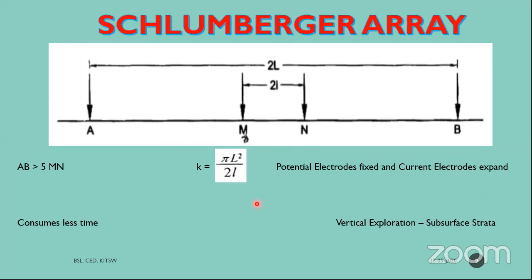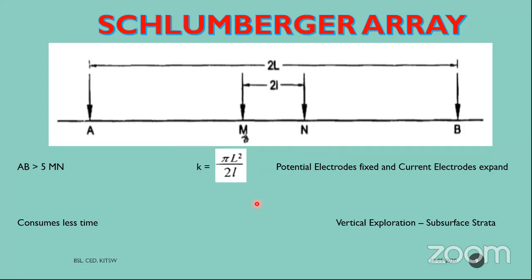The next method is Schlumberger. In the Schlumberger method, same story: A and B are current electrodes, M and N are your potential electrodes, and the spacings are no longer the same. M and N have a different spacing, and A and B have a different spacing.